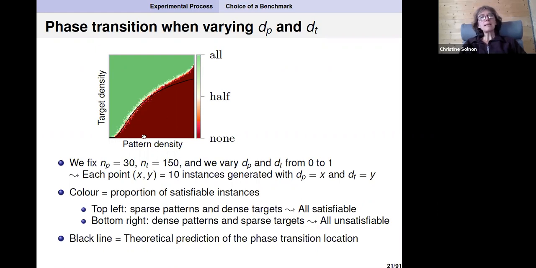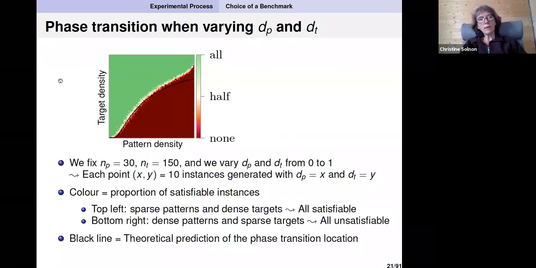And so I can see that I have an abrupt change between all feasible instances and all infeasible instances, and this corresponds to the white points here. And interestingly, we plot here in black our theoretical prediction of where the phase transition is. So we can see that this prediction is quite good, except here there is a small deviation.